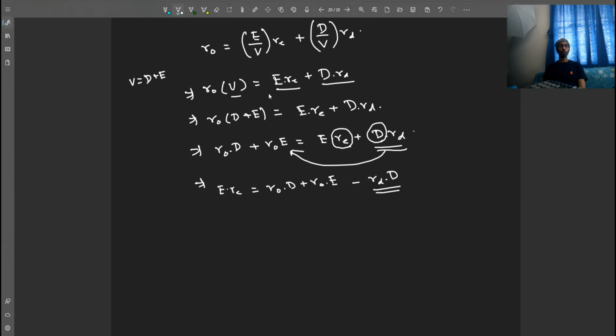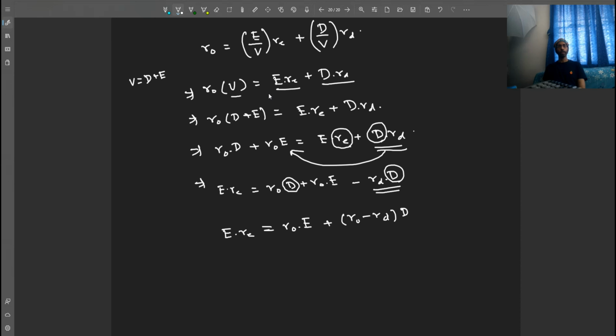Now we do one more thing. This D and this D we take common. So R0 dot E plus R0 minus RD into D. This becomes the entire expression.